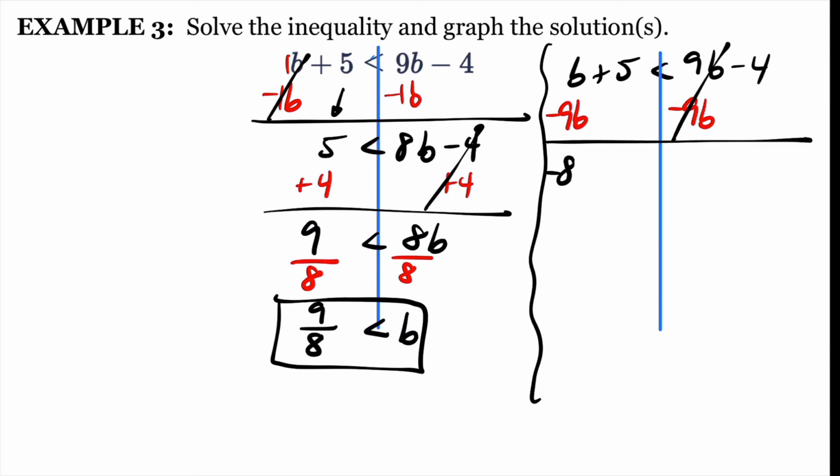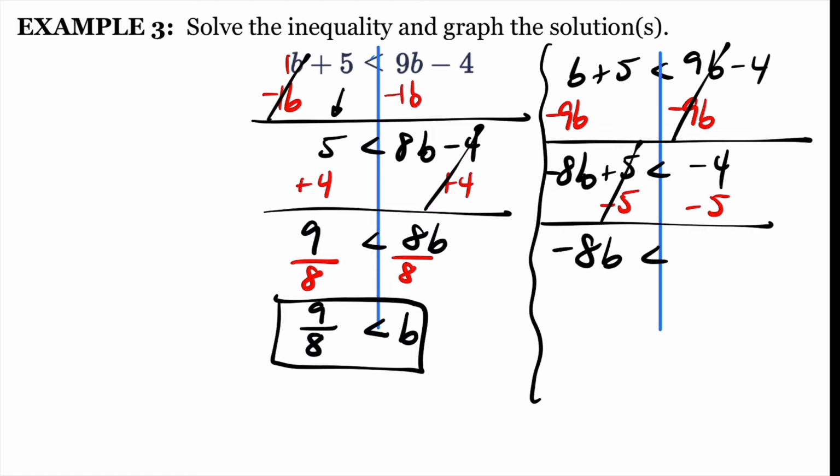I get negative 8b plus 5, and then a negative 4 over here. And then I subtract 5 from both sides. Negative 8b is less than negative 9. So instead of the positives I had over here, I have the opposite over here.